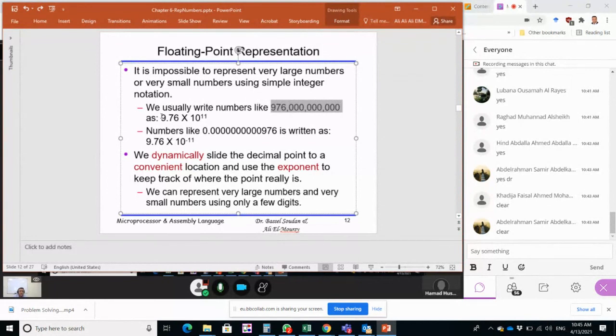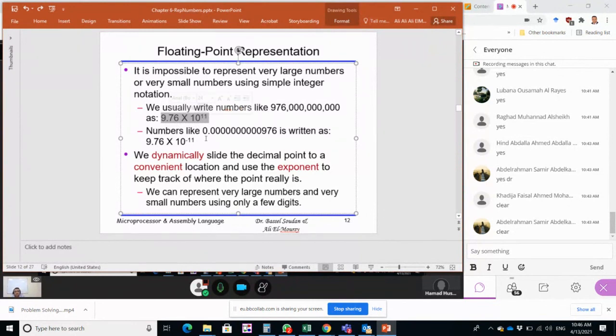No, we usually write it like this: 9.76 multiplied by 10 to the power 11. Even on pen and paper, you consume less space to store the big number, right?